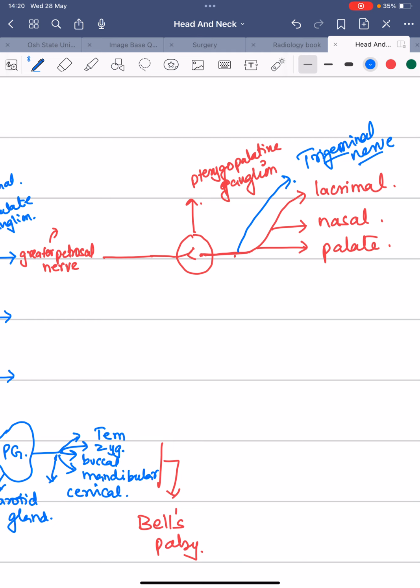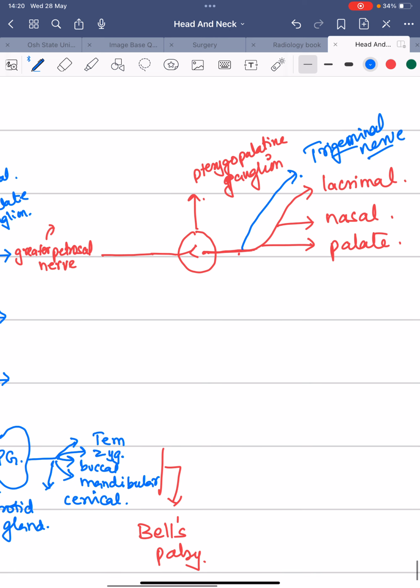Now one thing you can add here that is very important. Here there is a formation of a canal. This canal is known as the pterygopalatine canal.